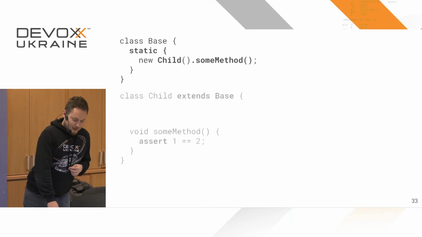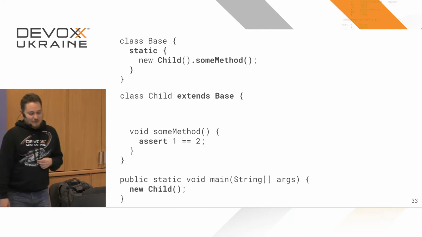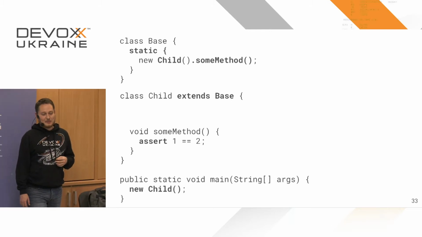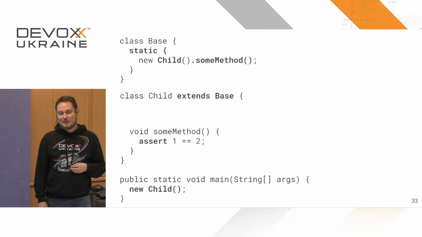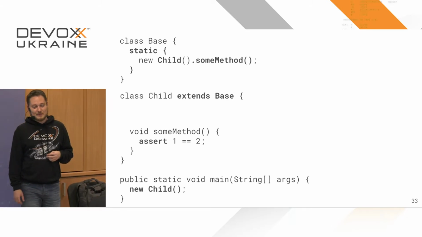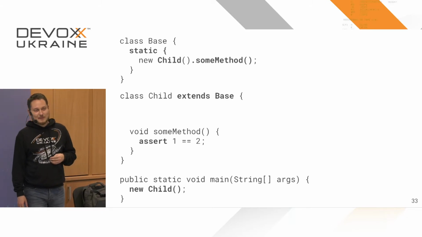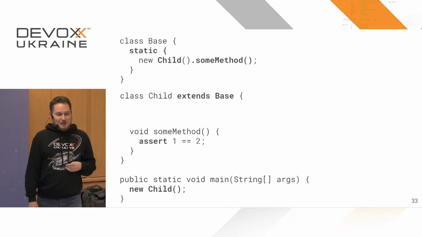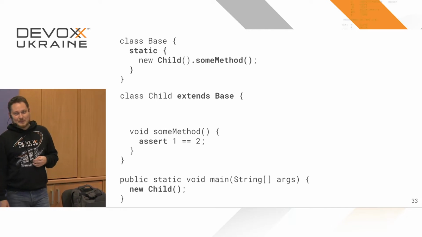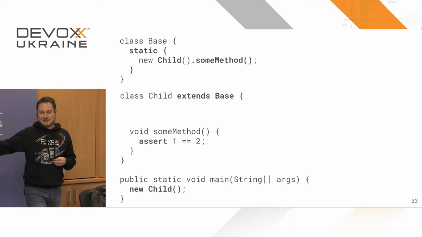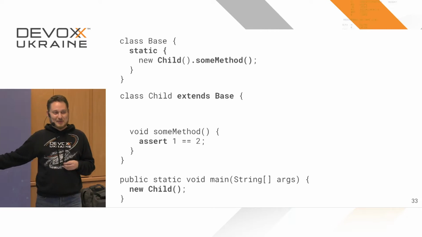Ready? If you have such code, what's going to happen? Let's say assertions disabled. This compiles, yeah. No need to say that this doesn't compile.